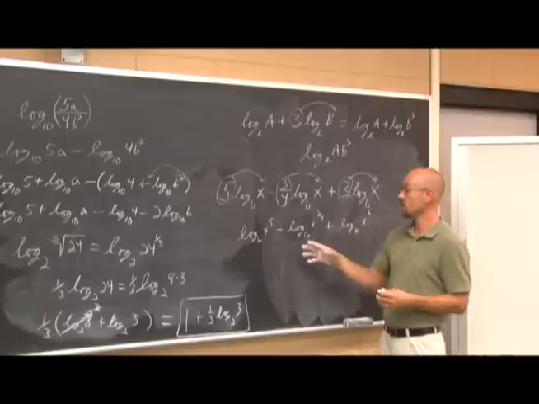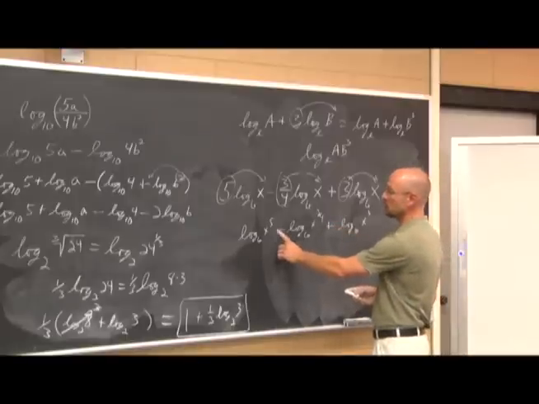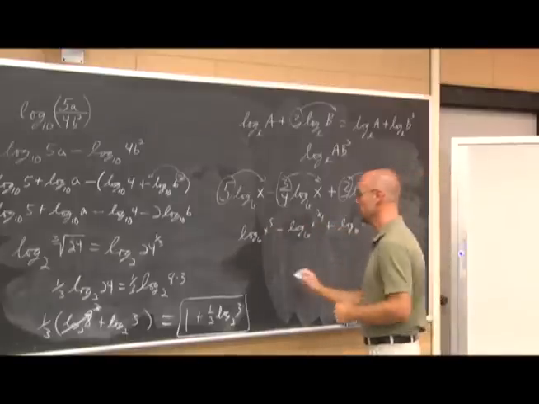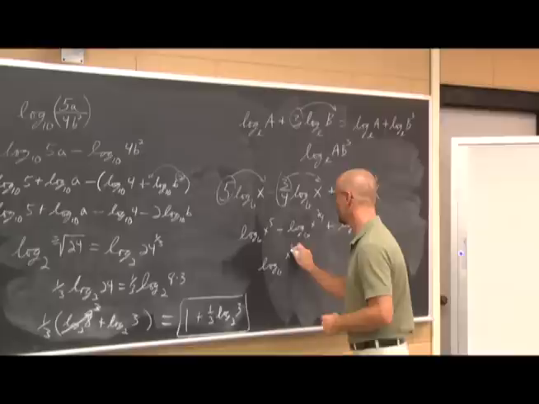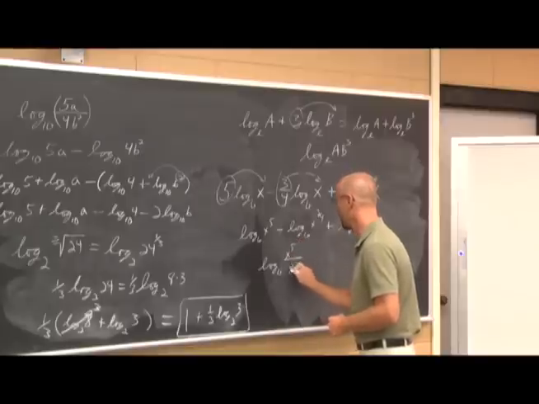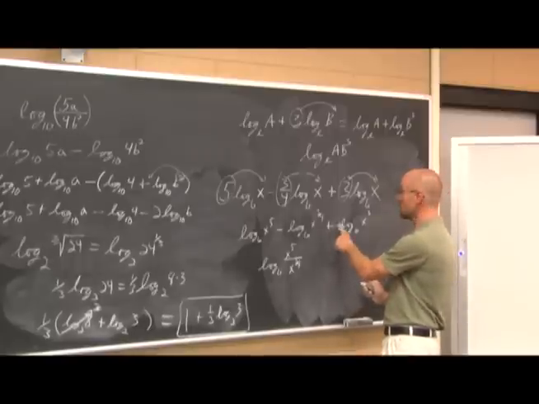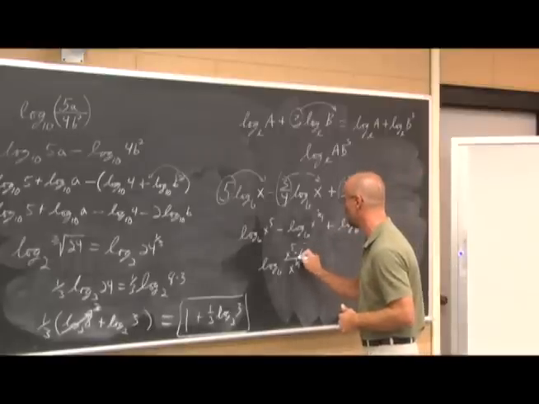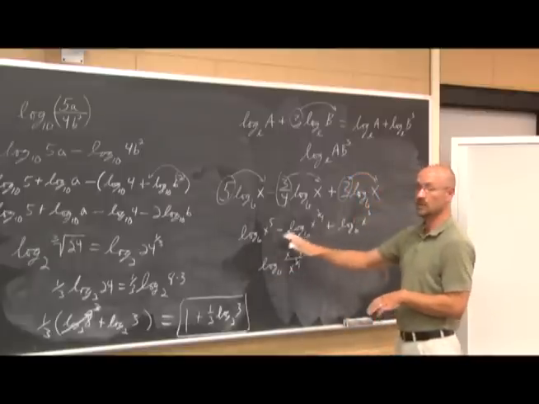Now I can apply my difference or sum rule here. Because this is a difference, I can divide these. Log base 6 of x to the 5th over x to the 3/4. And because this is addition, I can multiply it. And if I multiply it, I just have to bring it to the top. So now I've written it as a single log.